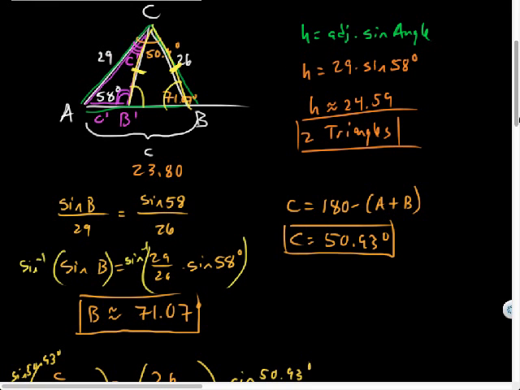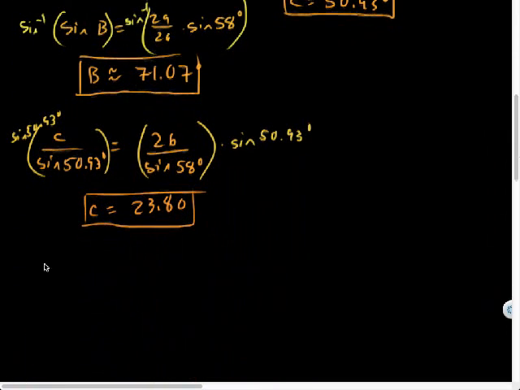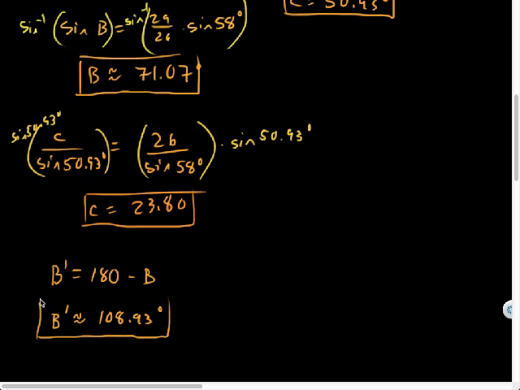So I could find B prime by doing 180 minus angle B. So B prime is going to be approximately 180 minus 71.07, which is 108.93.